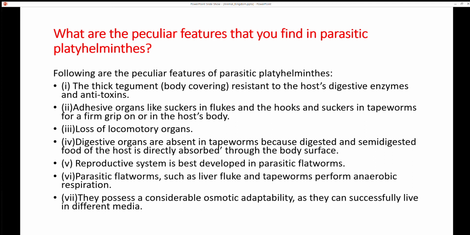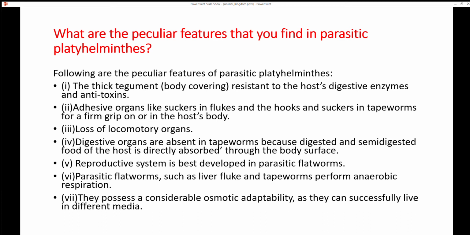The next question is, what are the peculiar features that you find in parasitic platyhelminthes? The peculiar features of parasitic helminthes are the thick tegument, which is nothing but body covering, resistant to host digestive enzymes and antitoxins.